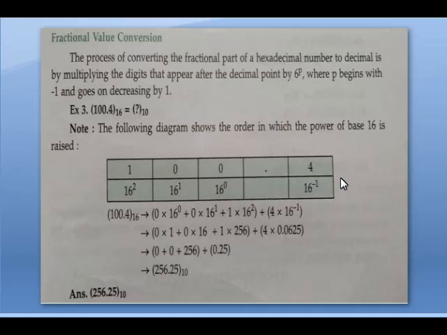If some other digit is there, it will become 16 power minus 2, and so on. Then do the calculation very carefully and find the sum of the integer value as well as the fractional value. So 100.4 to the base 16 means you will get the answer 256.25 to the base 10.